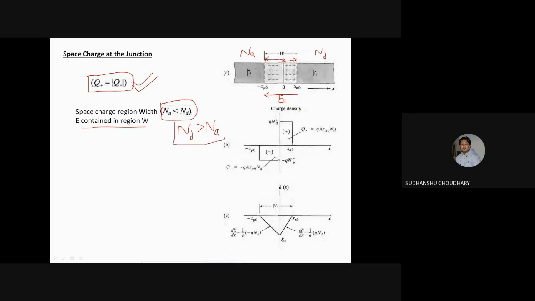So this actually controls the penetration of the space charge region into either the p-type or n-type region. Let us call this the penetration of the space charge region into p-type material, and the penetration of the space charge, transition or depletion region into the n-type region. So this is controlled by the doping concentrations of the n and p-type regions.